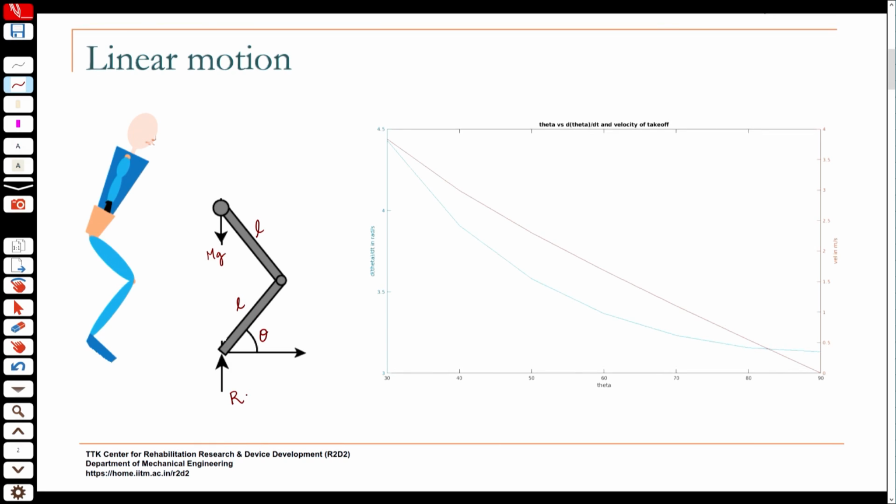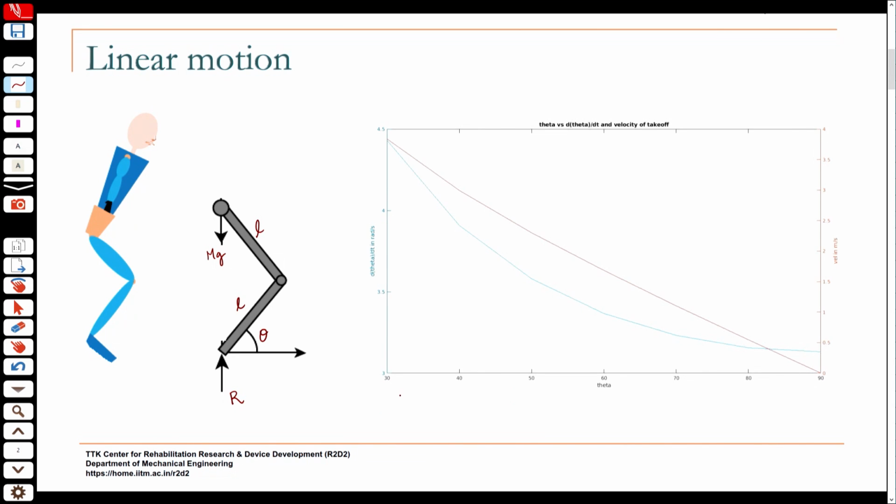Last class we looked at this simple jumping model, and there is a question about the initial conditions. So, I just went ahead and plotted, for different initial conditions, the d theta by dt at which the reaction force becomes 0.